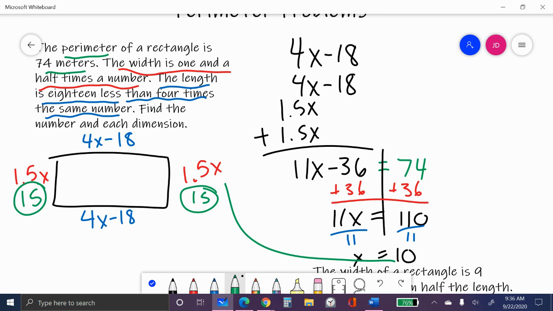When I plug 10 in here, 4 times 10, just move the decimal spot over, is 40 minus 18 is going to be 22. You could double check in the calculator.